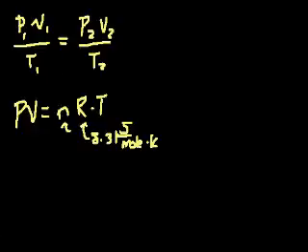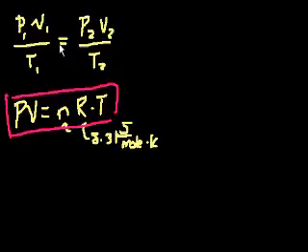So let's see if we can do a problem that I can make up on the fly of this situation. Let's say I have a balloon. And the volume of the balloon is, let's say, 1 meter cubed. So this is a big balloon. That's fairly large if you imagine a cubic meter.